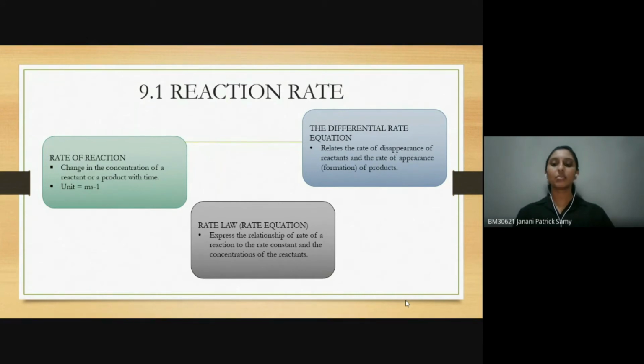It expresses the relationship of the rate of a reaction to the rate constant and the concentration of the reactants. Order of reaction is always defined in terms of reactant concentrations, not the products'. The order of a reactant is not related to the stoichiometric coefficients of the reactants in the balanced chemical equation.